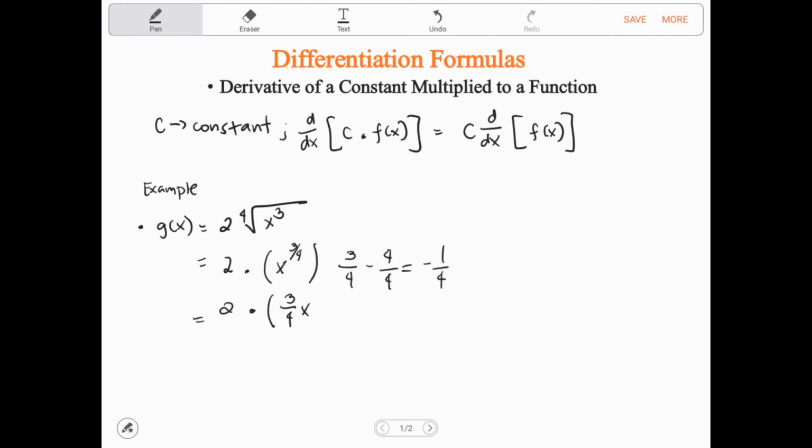So that's our exponent: 3 over 4 x to the power of negative 1/4. Then we'll multiply directly since it's a fraction. 2 times 3 is equal to 6x to the power of negative 1/4, over 1 times 4, which is simply 4.